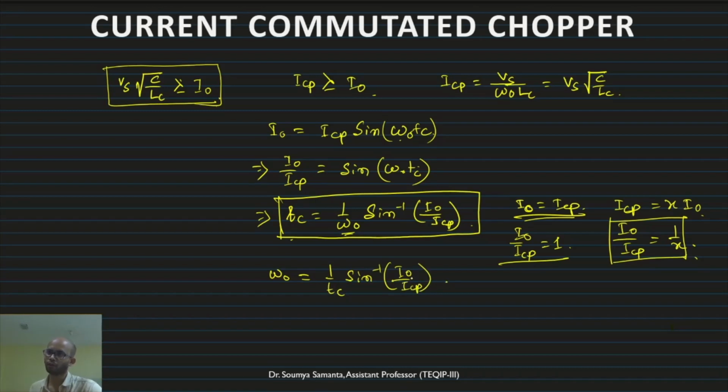It may be either 1 or 1 by x. These are the two pieces of information I have given. So what is omega naught? Omega naught equals 1 over root of Lc. In another way, I can find omega naught from there.